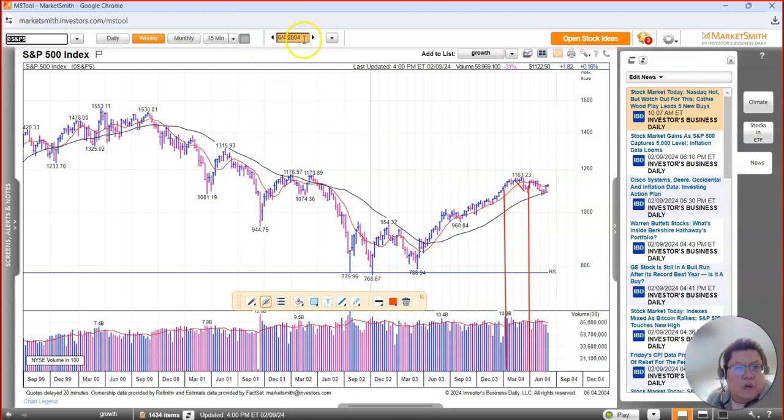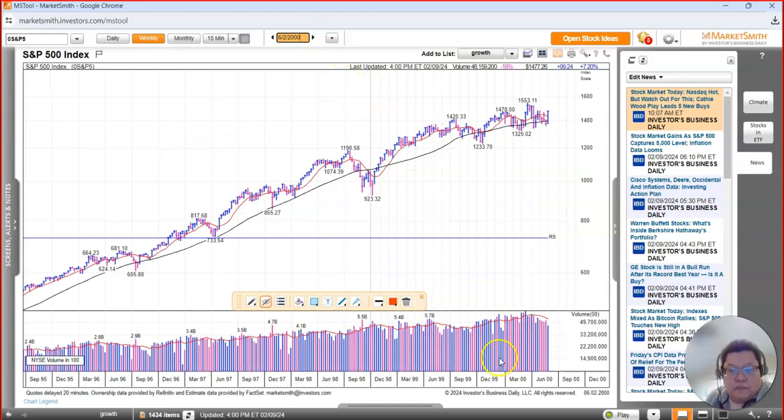Then 2000 was the crash year, and if you look between January and March, there's also a correction. So in general, there's usually something brewing.